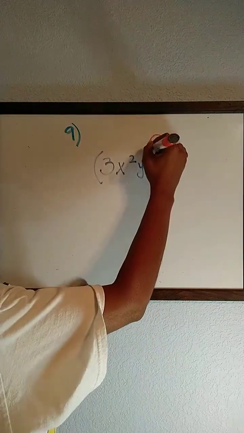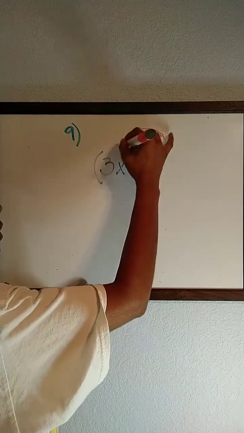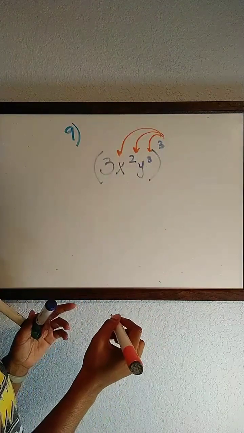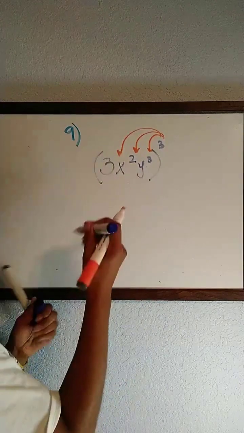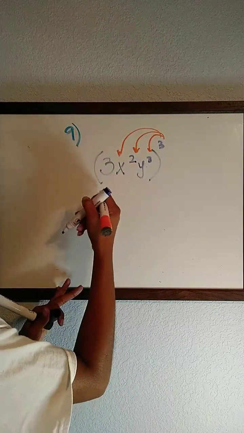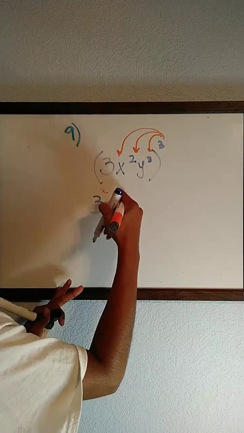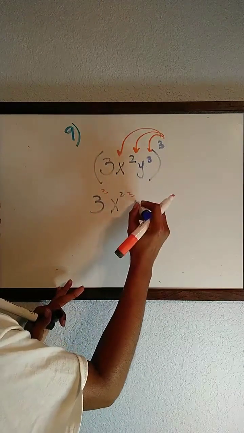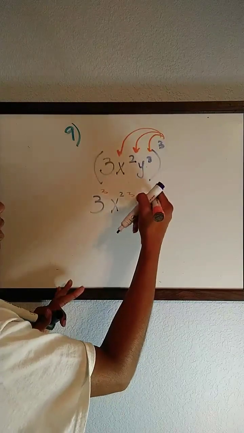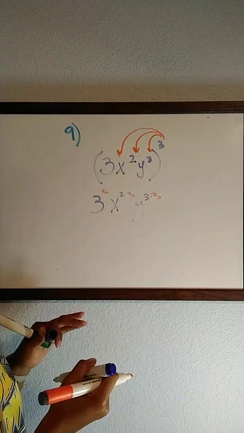So you said you multiply everything, so you're going to multiply all exponents. Everybody gets a 3 to the power of 3, right? So this will then be 3 cubed. This will be x, and this is 2 times 3. Then y cubed times 3. That's it.